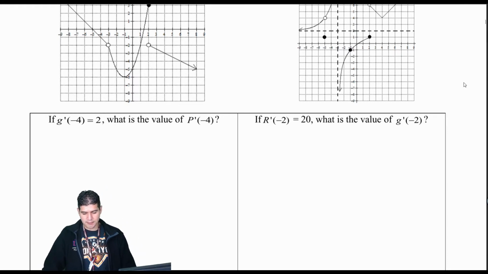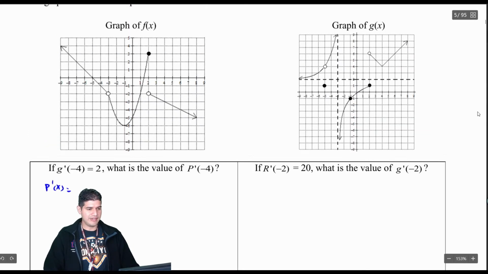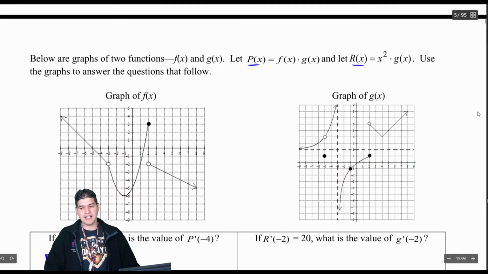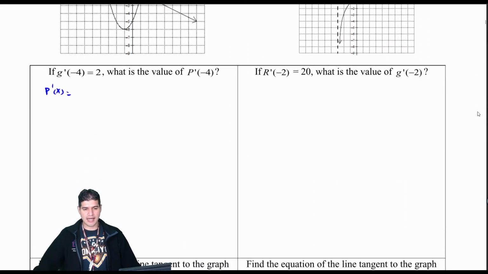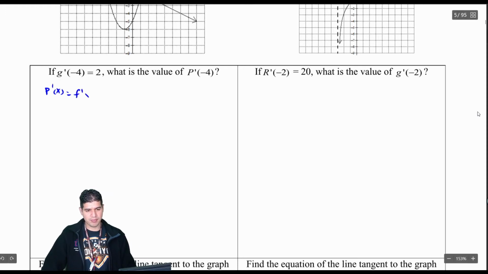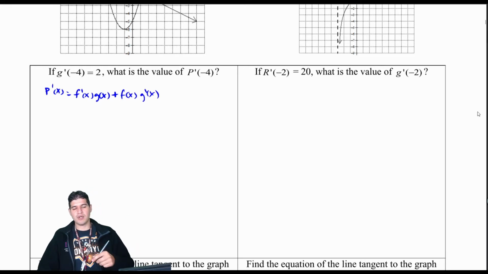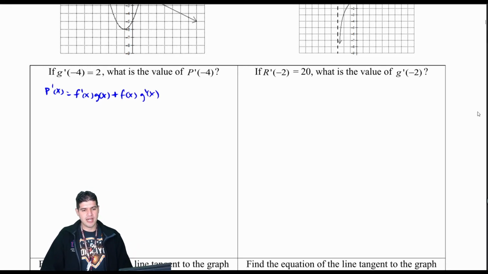So go back up and you want to find p prime of x. All right, so p of x, again, that's f of x times g of x. So we want to find that derivative using the product rule. So that's going to be f prime of x times g of x plus f of x times g prime of x. All right, so now I've got enough information where I can find p prime of -4.